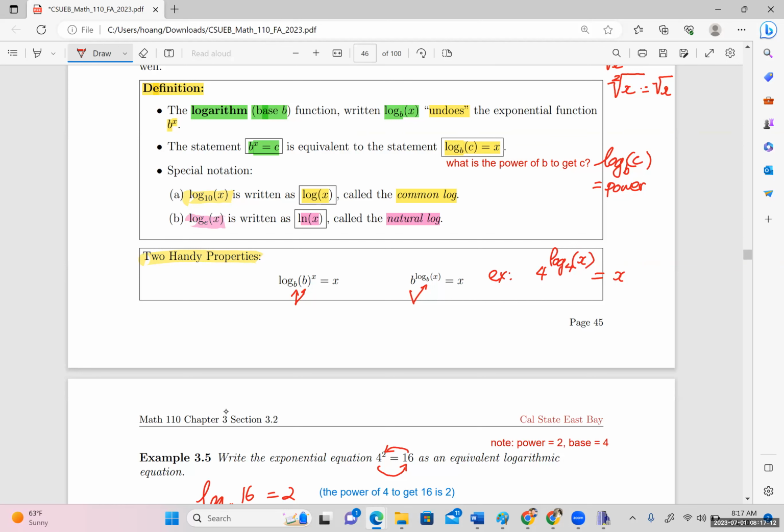That's all. And for example, log base 3 of 3 raised to x will be just equal to x.